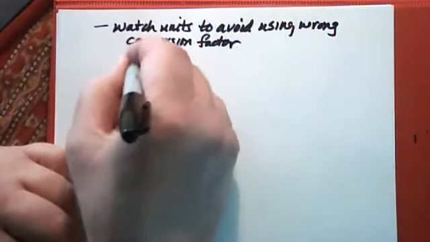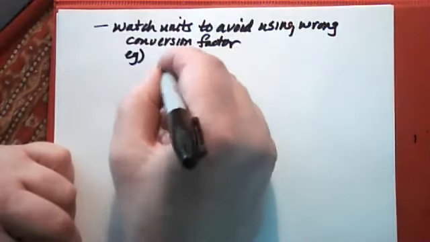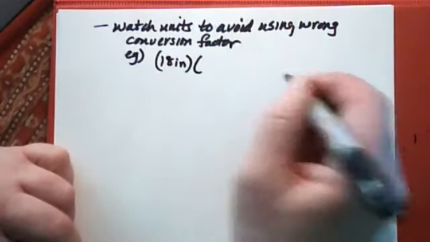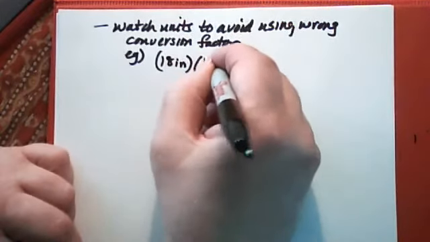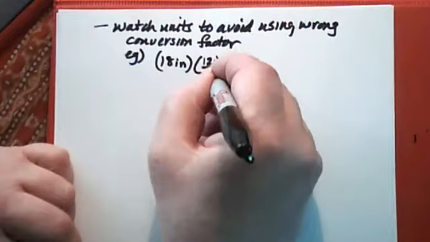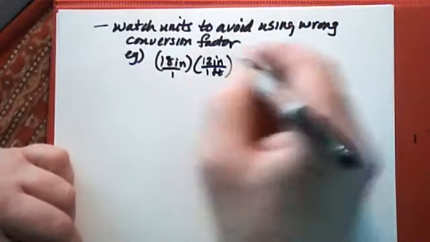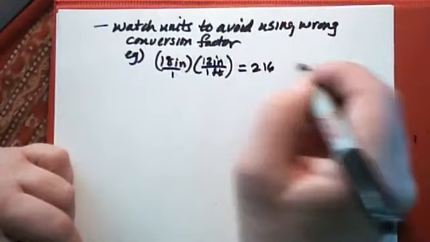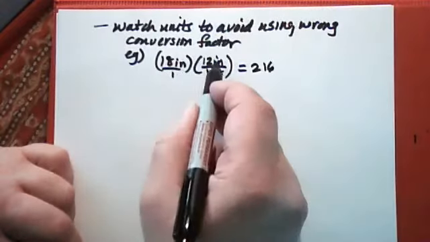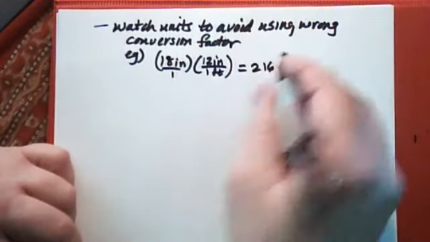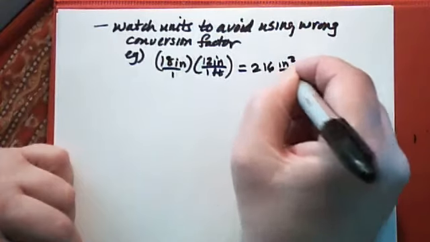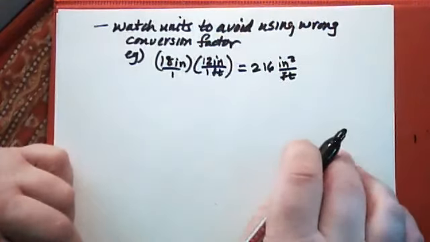So for example, up above, if we use that conversion factor upside down, and we took 18 inches times 12 inches over 1 foot, what would this be equal to? Well, it's 216, but the units would be inches times inches over feet. That's square inches per foot.